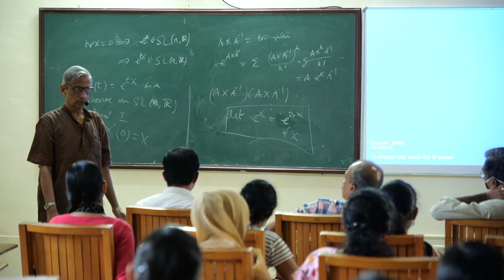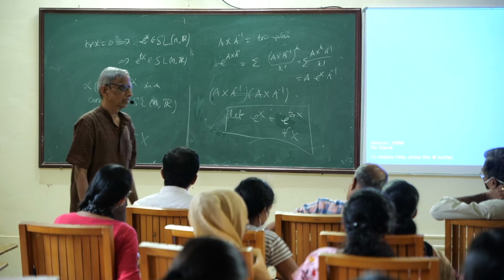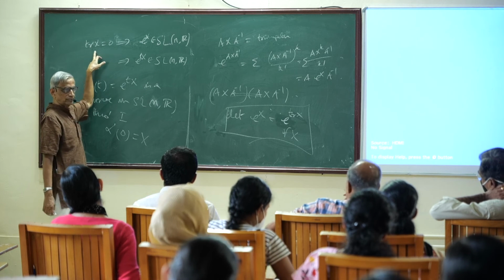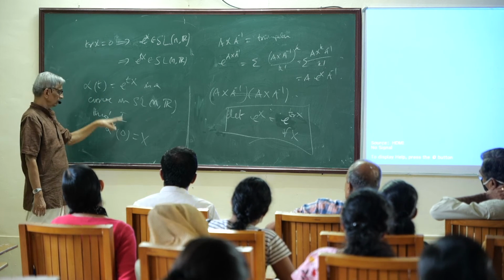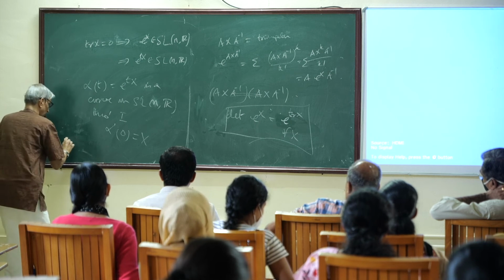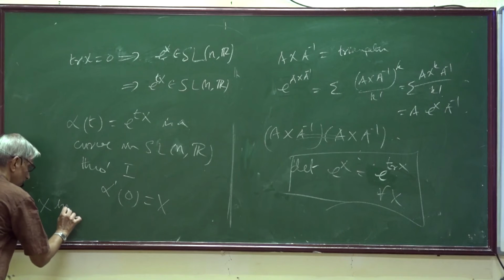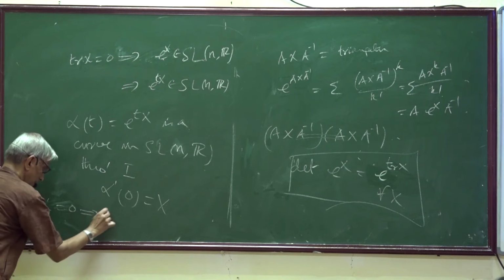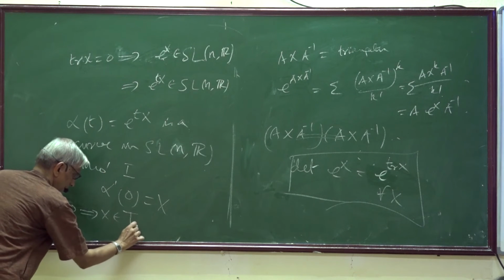So what have we proved? If you start with a matrix of trace 0, then it is a tangent vector, right? So x has trace 0 implies x is in the tangent space at I.